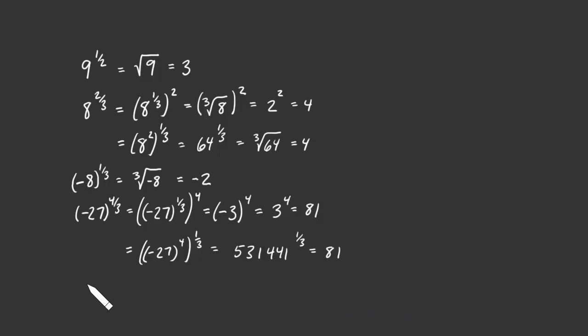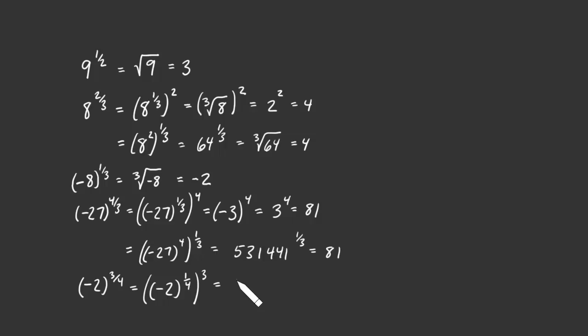Let's finish up with one more example. Negative 2 to the 3/4. Here again, I'm going to split this into two pieces. I've got a negative 2. Let's deal with the radical first, the root first. That's negative 2 to the 1/4 power, and then all of that to the third. So inside here we have negative 2 to the 1/4 power.